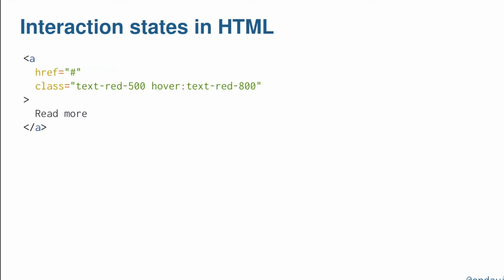And then in our HTML, we just add our base class, which is text red 500 here. And then when we hover over this link, it's going to change the text to 800, so just make it a darker red as we hover over it. So again, we couldn't do this with an inline style.